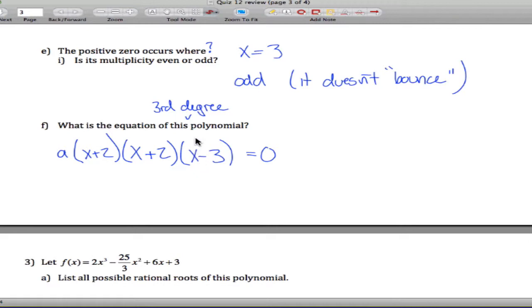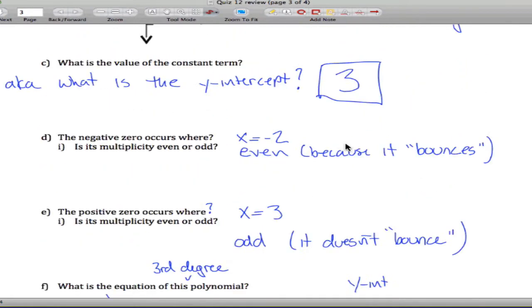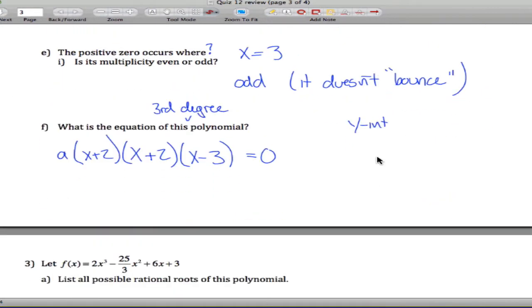But to figure out the y-intercept, you make all the x's 0. And we know that the y-intercept is supposed to be at 3. So what I'm saying is when I make all these x's 0, the point (0, 3) is on the graph. In other words, when x equals 0, y should be equal to 3.